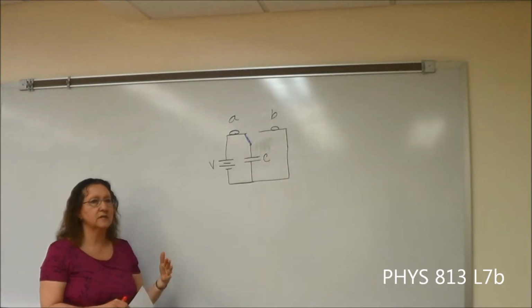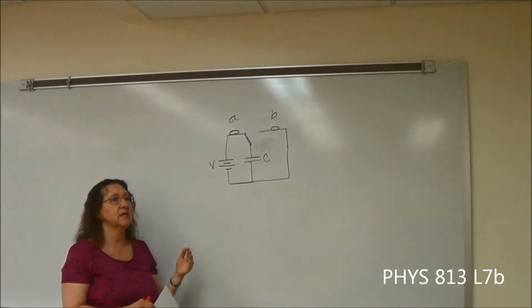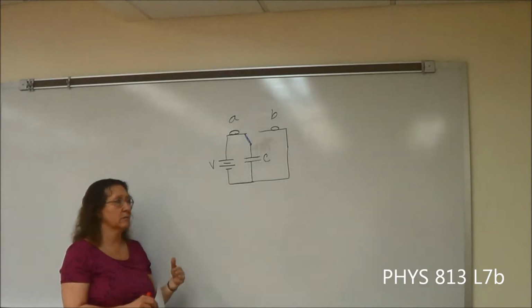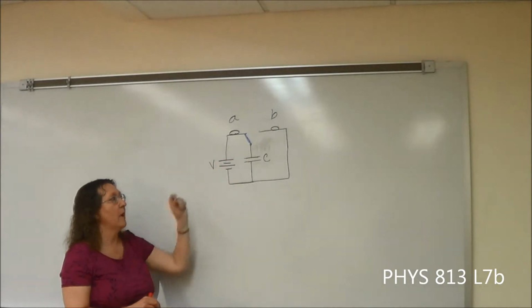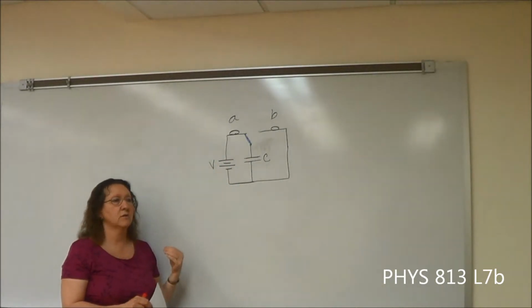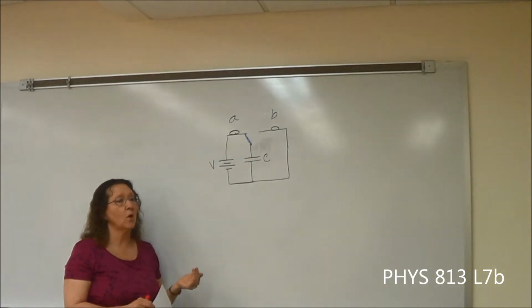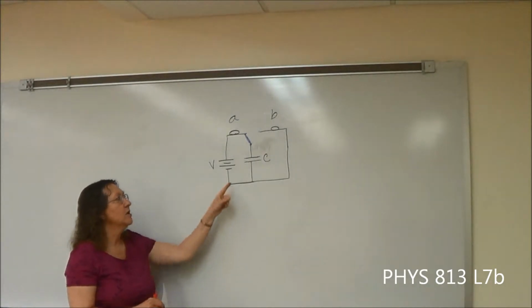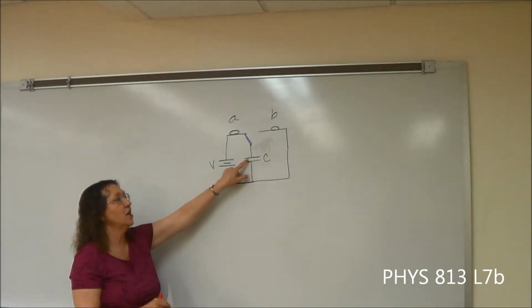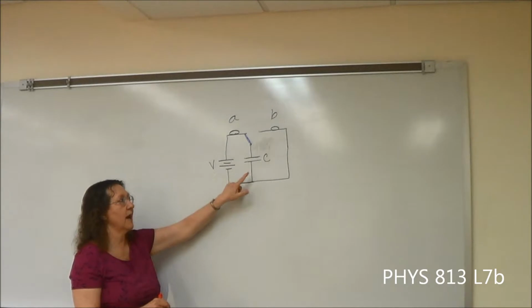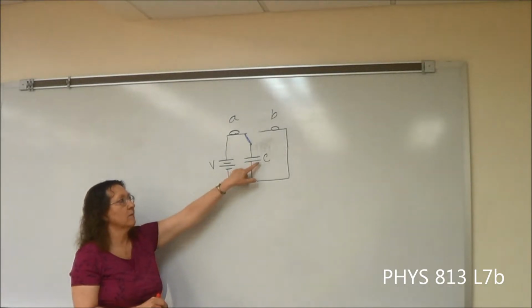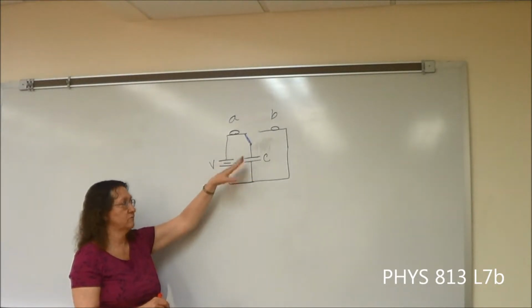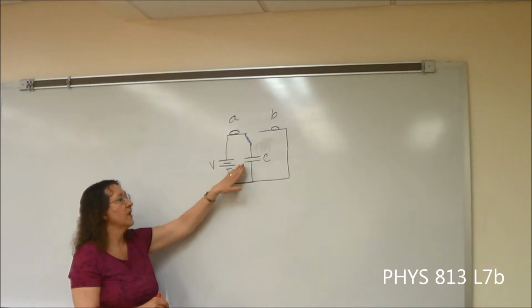A capacitor, at least one version, is two parallel plates that are conductors, separated by space, either air or some insulator, so that the electrons cannot jump across the gap. So the electrons go up here, and then there's a metal plate that they can travel on or move around on.